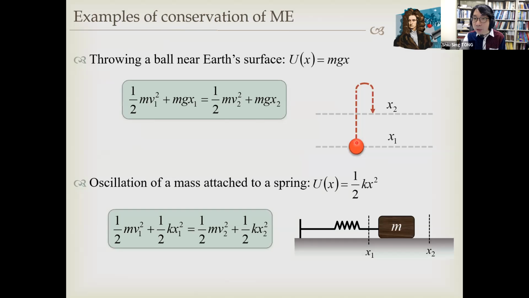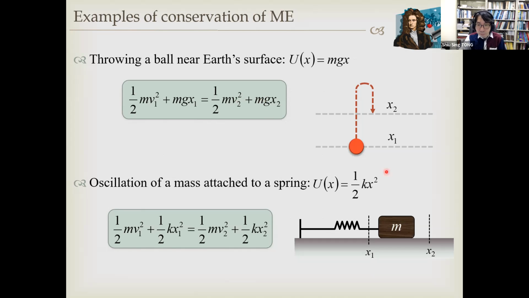Say, for example, if we are talking about throwing a ball upwards near the surface of the Earth, that is vertical motion under gravity, we know that the expression of U is mgx, where x is the height. So U will be mgx1 on the left-hand side, and mgx2 on the right-hand side, the values of U at the beginning and at the end of the motion.